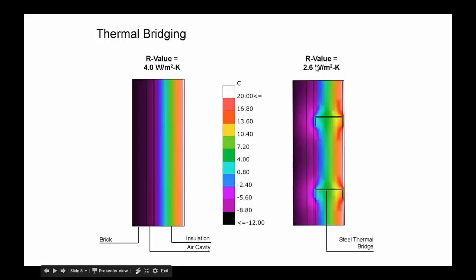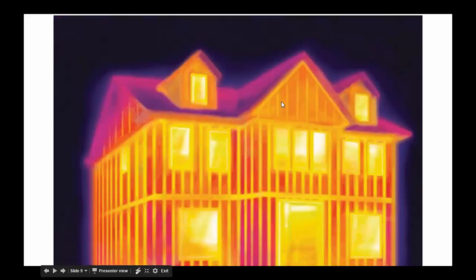This was just to illustrate the point that these thermal bridges in our constructions make a huge difference. We were able to build a therm model, a finite element heat model of this. This is exactly how, if you were to take a thermal image of a house, you'd see all this heat flow happening through those studs in comparison to everything else.